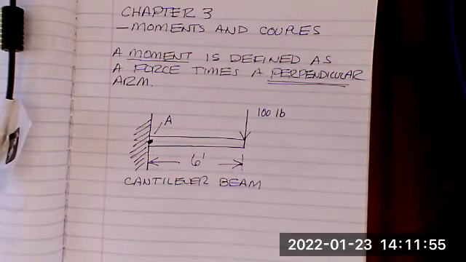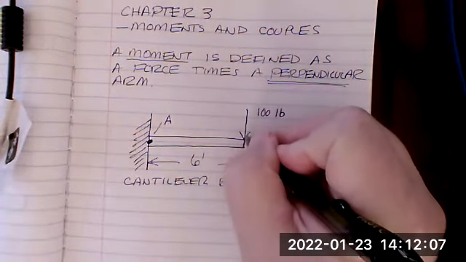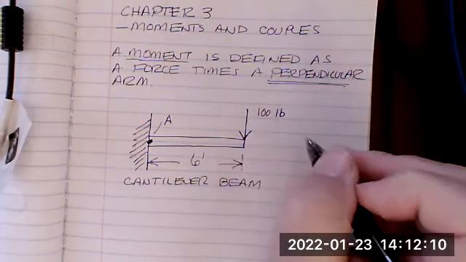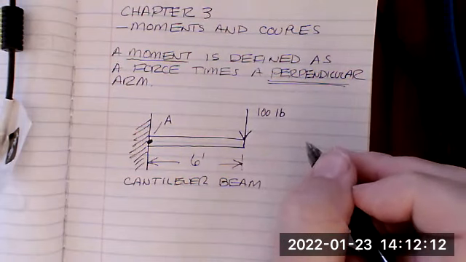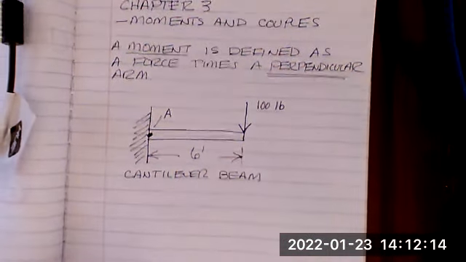Now, if I were to ask you to calculate the moment about point A, knowing this information, the first thing you need to do is look at the force and see if the force is perpendicular to the beam, which it is. So here's our equation.